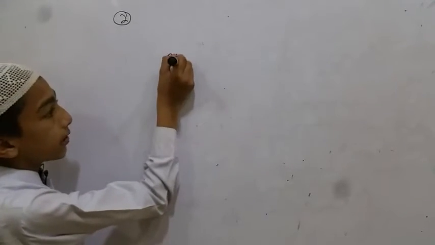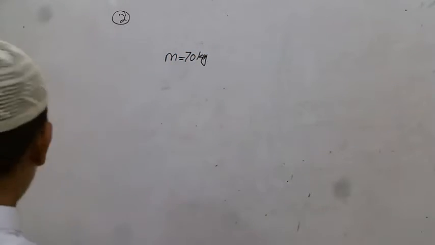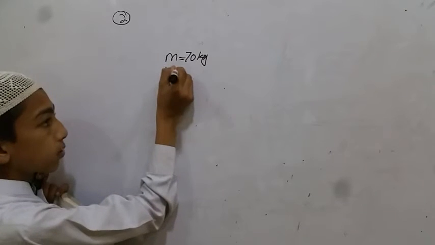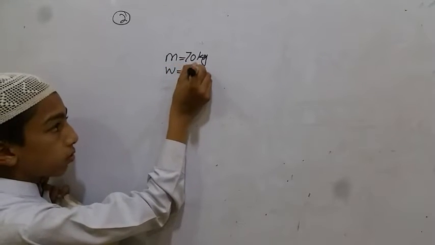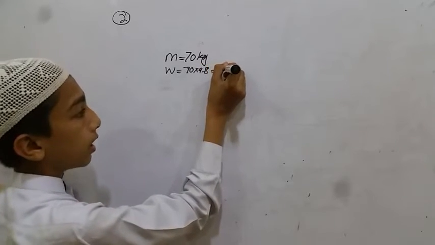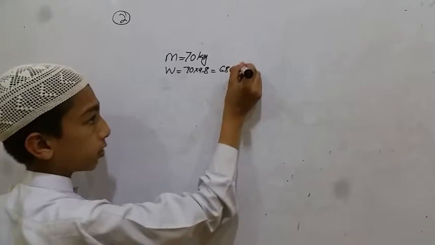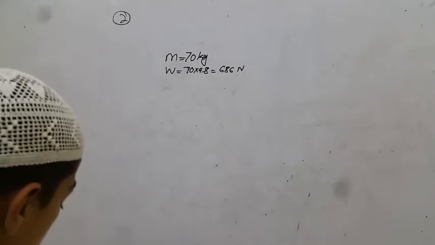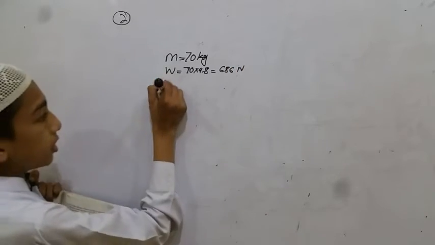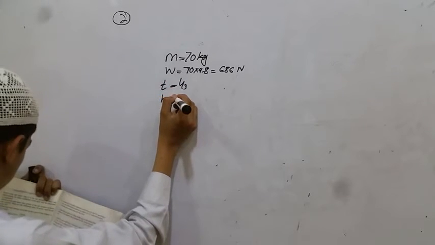His mass is given 70 kilogram, so weight is equal to 70 into 9.8 is equal to 686 Newton. And time t is given 4 seconds and height is given 4.5 meter.